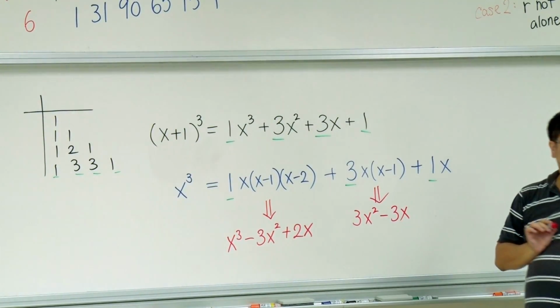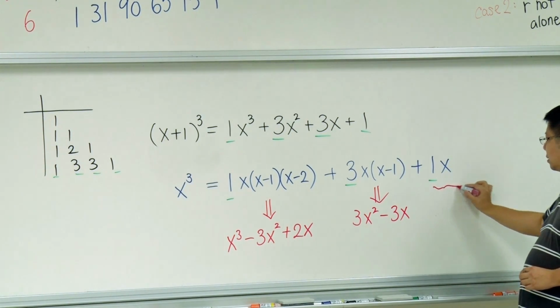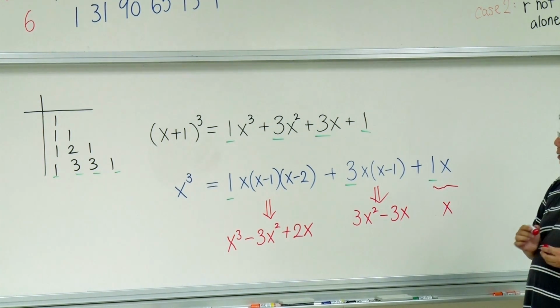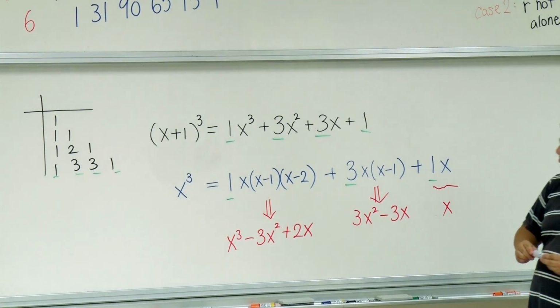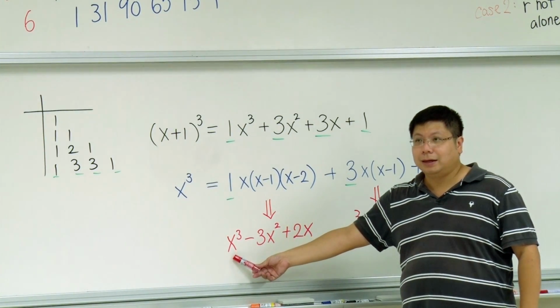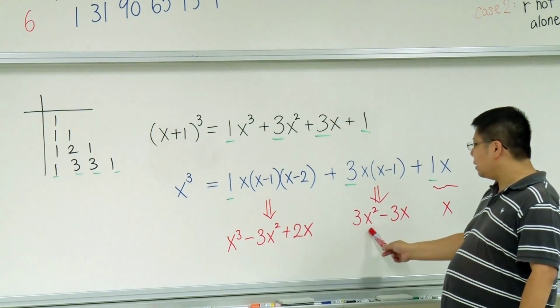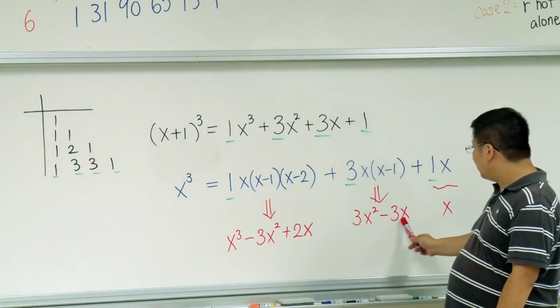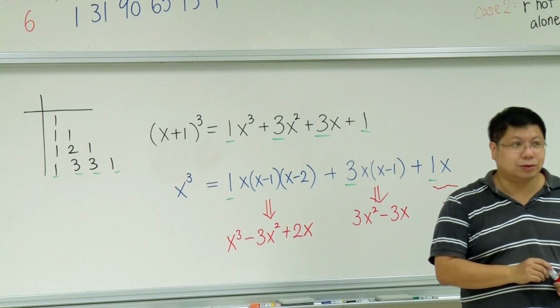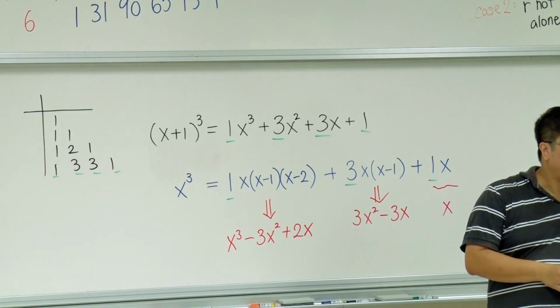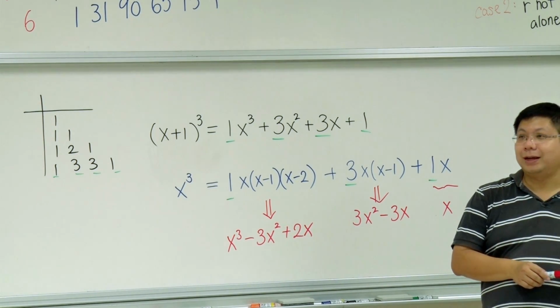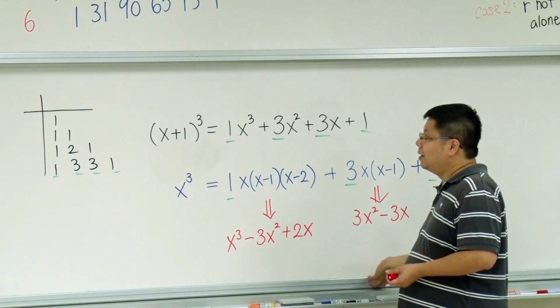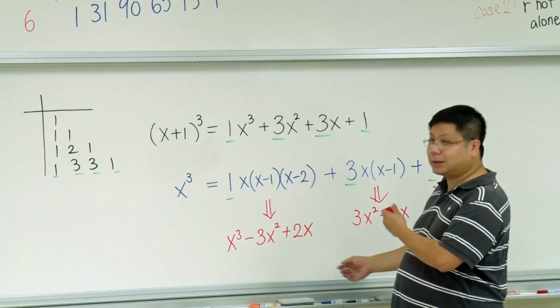And then this is just x, 1x. So if we double check, we have x cubed there, and then minus 3x squared and 3x squared cancels, and then plus 2x minus 3x plus x, it also cancels. Is that okay?